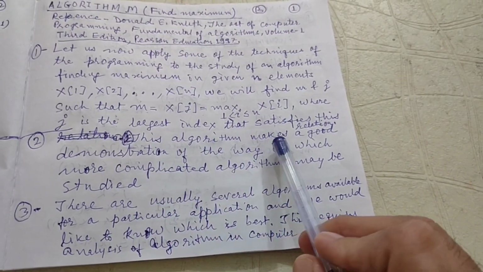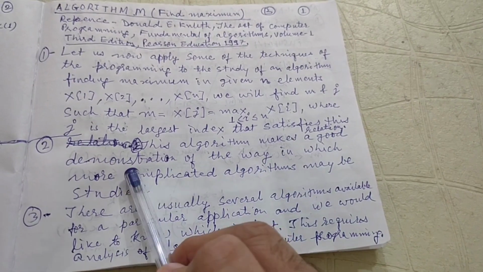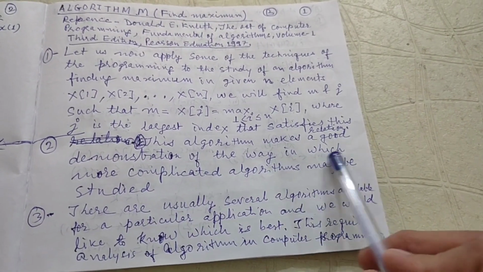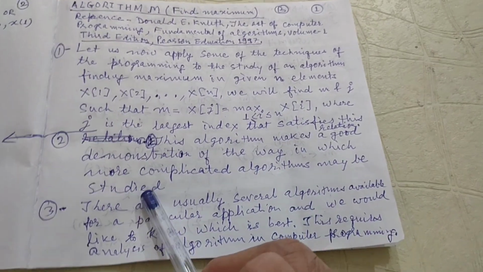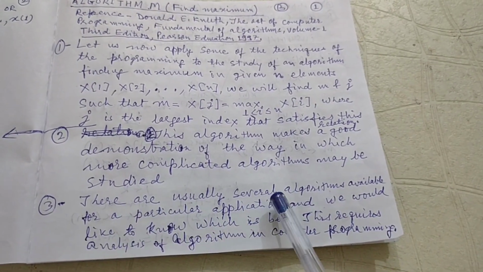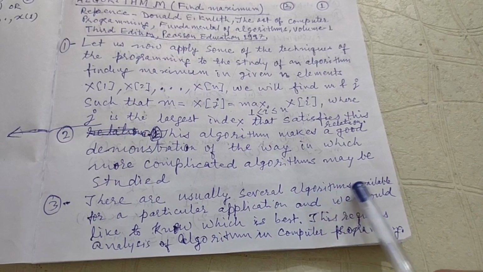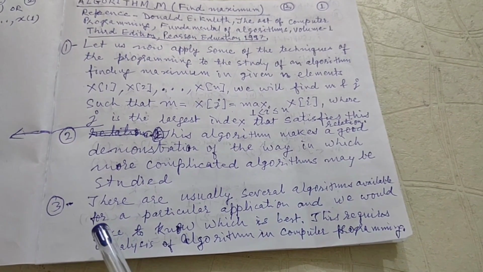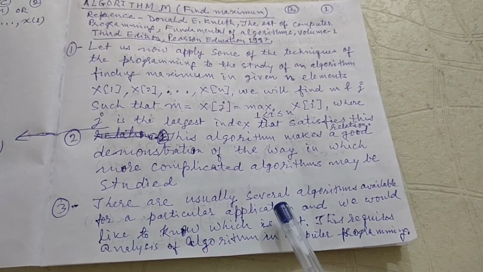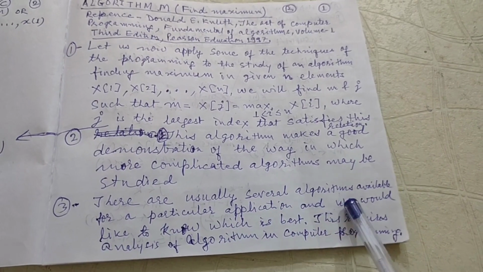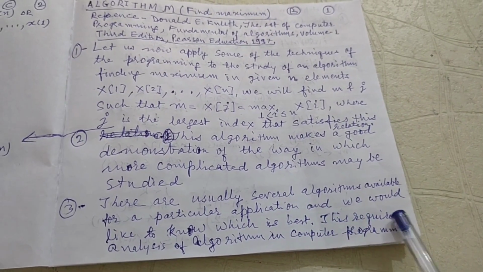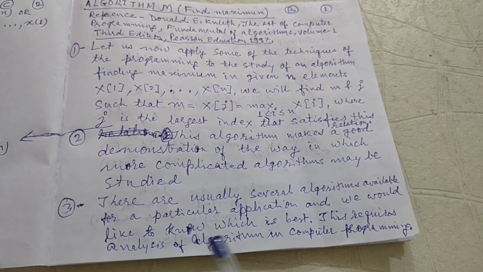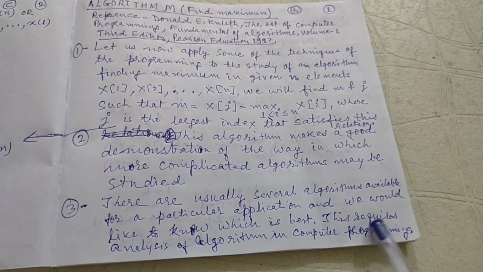This algorithm makes a good demonstration of the way in which more complicated algorithms may be studied. There are usually several algorithms available for a particular application, and we would like to know which is best. This requires analysis of algorithms in computer programming.